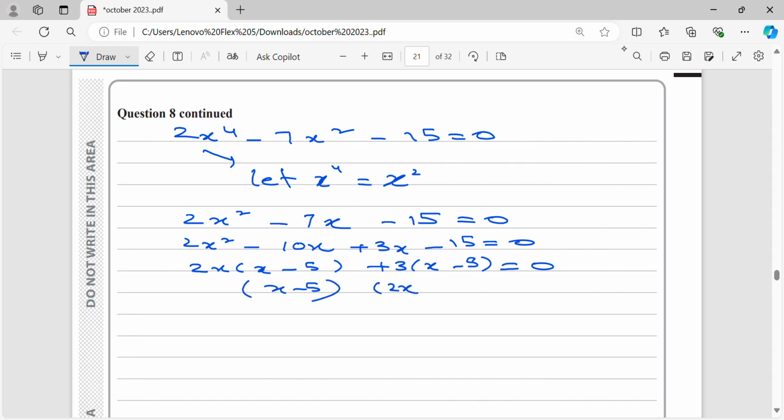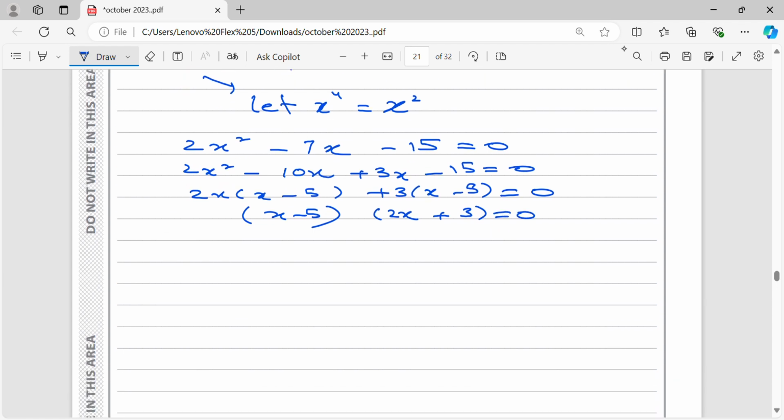Factorize 2x plus 3 as we have learned in IGCSE. So x equals 5 and x equals minus 3 over 2, but x is basically x squared, so x squared equals 5 and x squared equals minus 3 over 2.